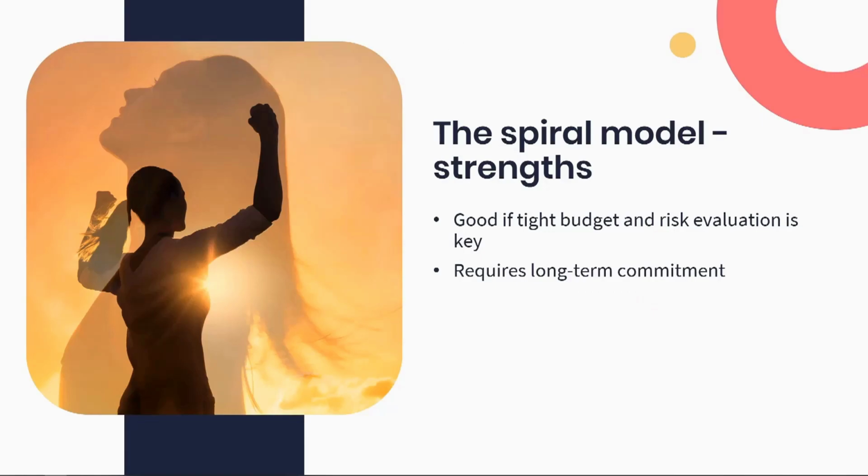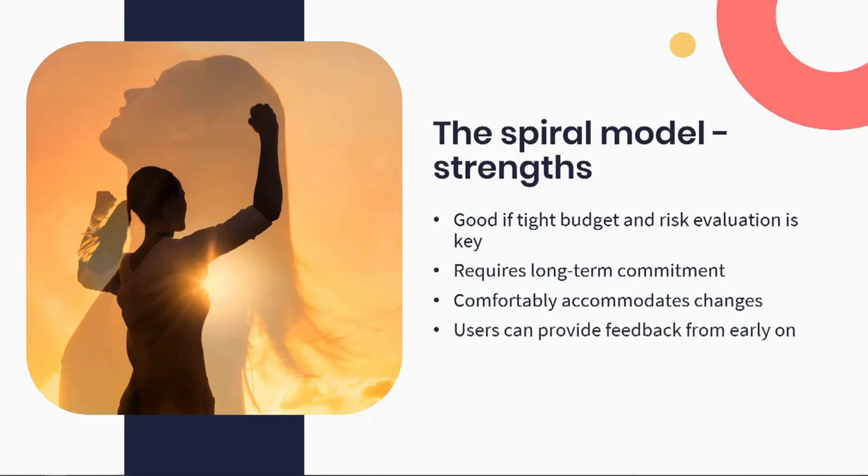The spiral model has the advantage of comfortably accommodating changing requirements. Users get to see what is going on in the development cycle quite early on, and so can provide the relevant feedback. Development can be divided into small chunks which can be better managed.